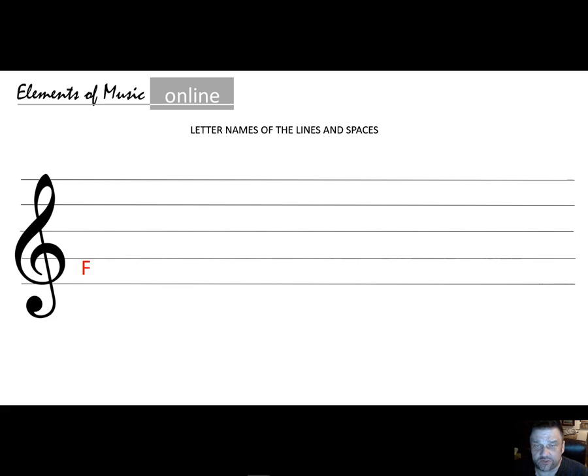Let's start with the bottom, which is F. Next space up, A. Next space up is C. And the next space up after that is E. Well, okay, that's pretty easy because it spells the word face. So if you can remember that the treble clef spaces spell the word face, it's going to be easy for you to memorize them. And I should mention that is something you're going to want to do right away, is memorize the lines and the spaces to the treble and bass clefs.